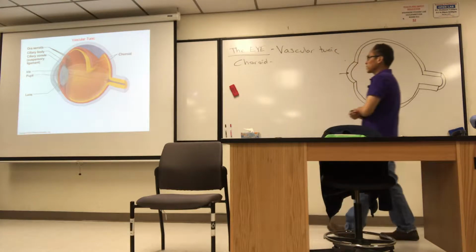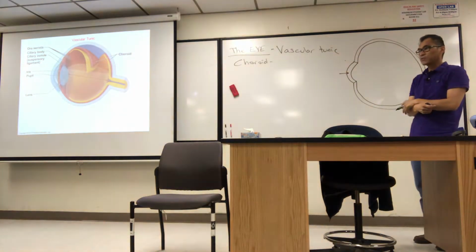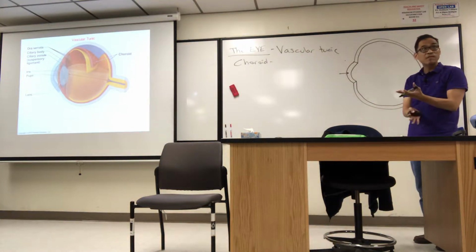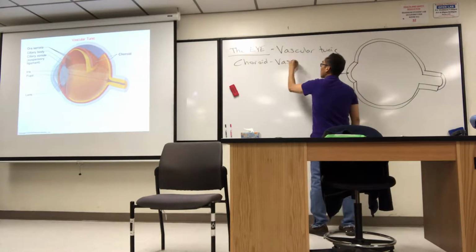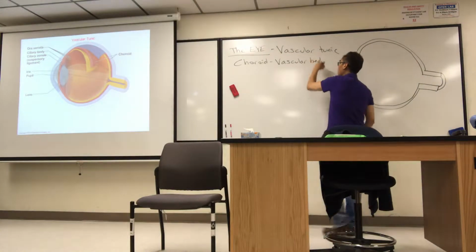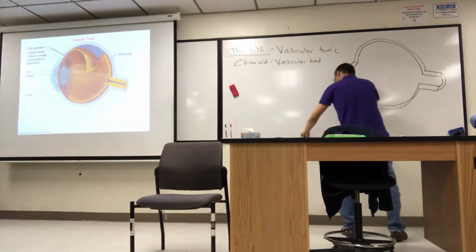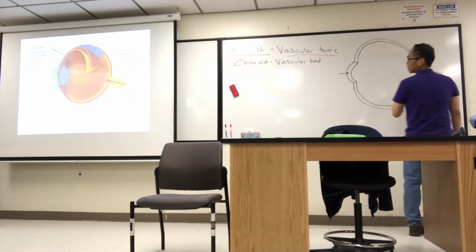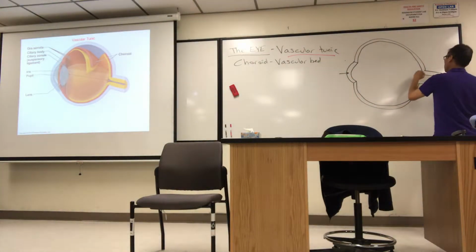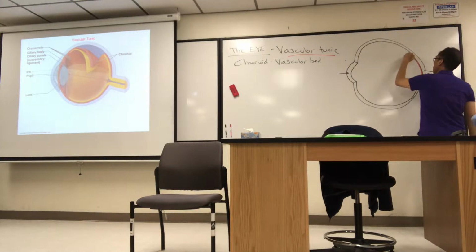Choroid is a complex network. In this case, it's described as a vascular bed. You know, blood vessels. So I'm going to use red to symbolize that, this layer, the vascular tunic. Okay, that starts here. Inner layer.